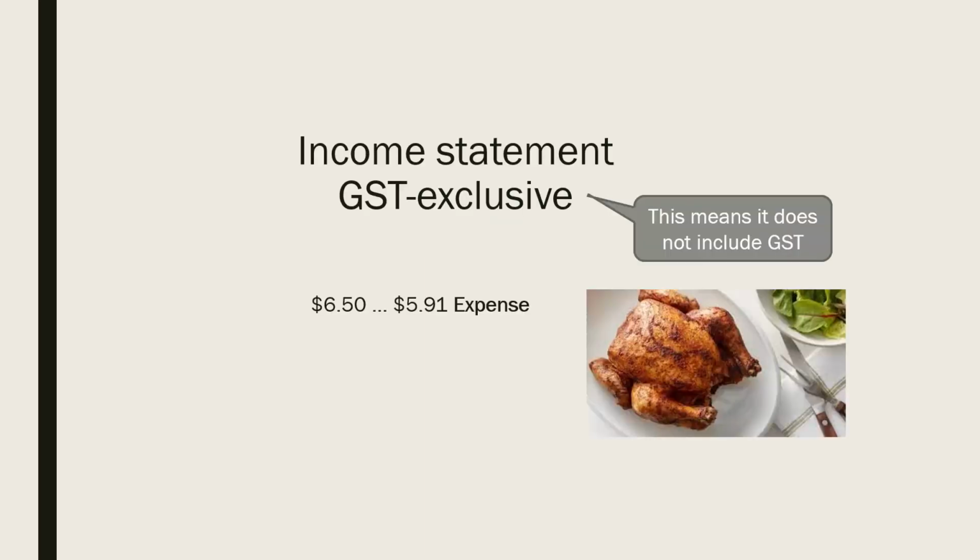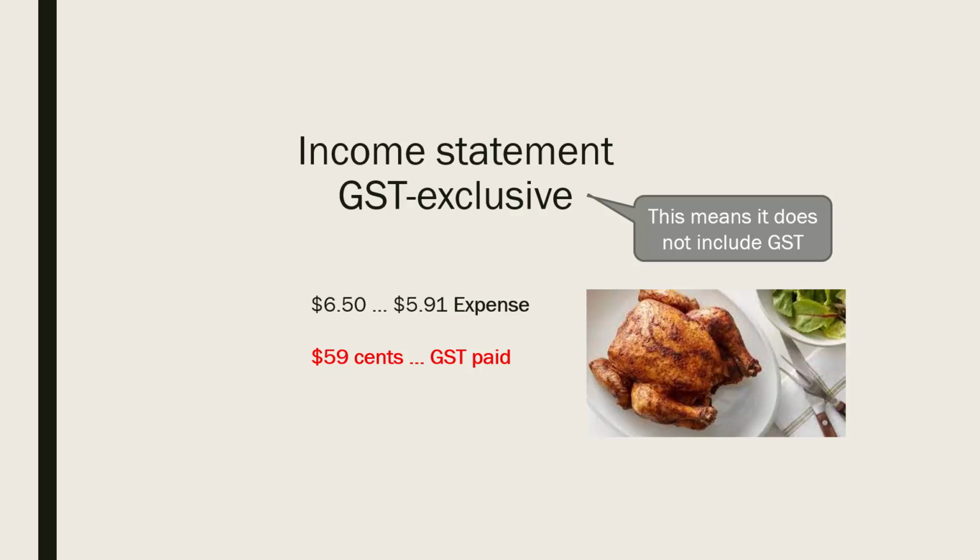The same also applies to a firm's expenses. Coles may have bought that chicken for $6.50. It would only include $5.91 as an expense in its accounts. The rest, 59 cents, is the GST Coles has paid to its suppliers and which it can claim back from the government.